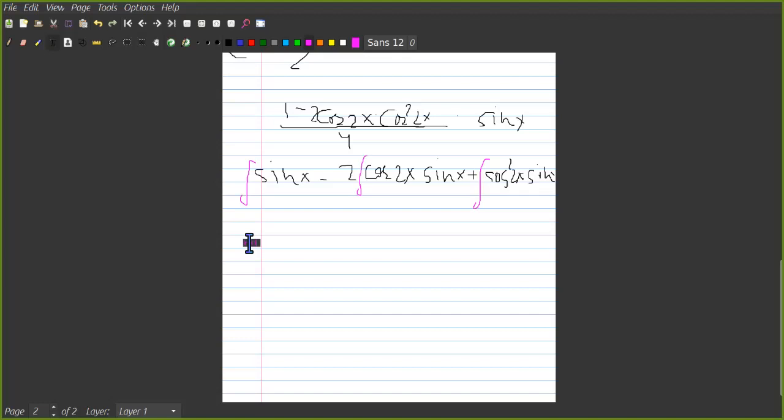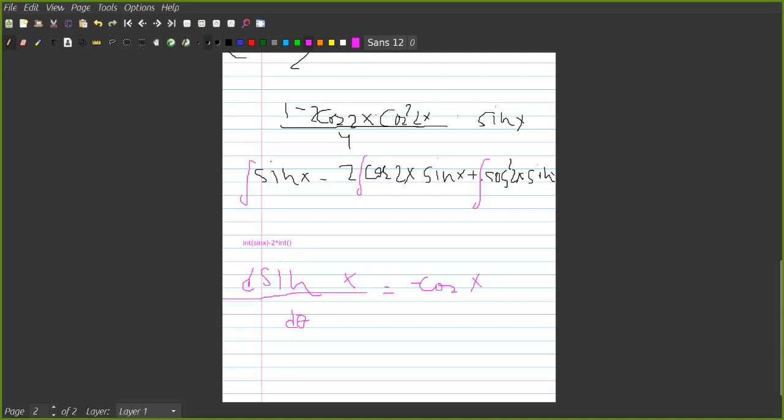So we have the integral of sine x minus 2 times the integral of cosine and sine. So we know that the derivative of sine x over d theta, anything, is cosine.